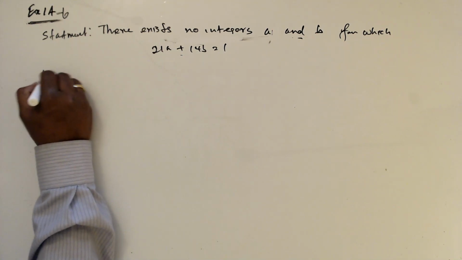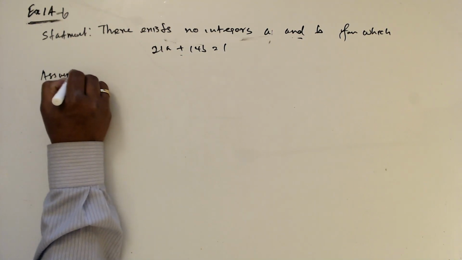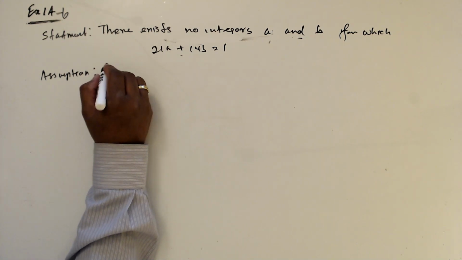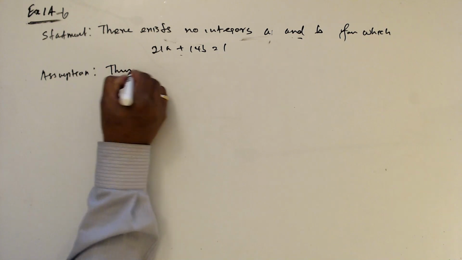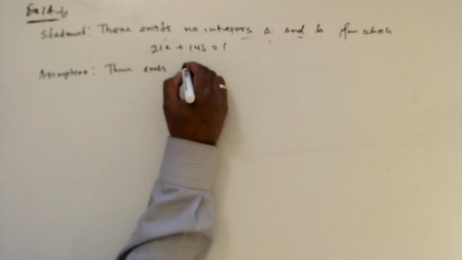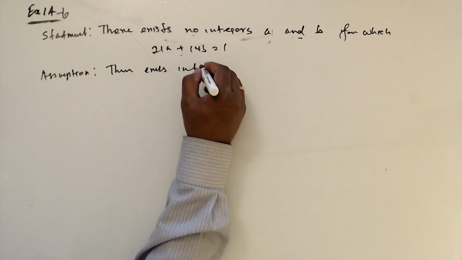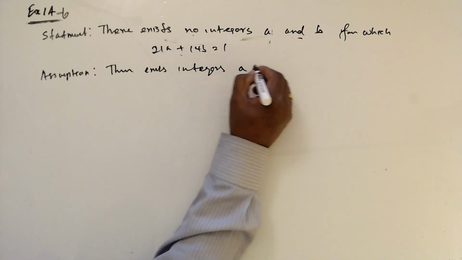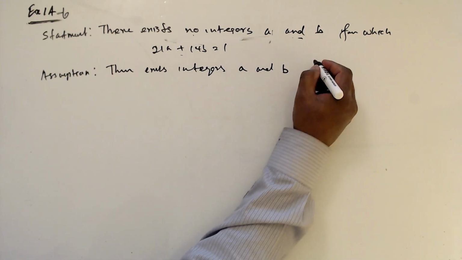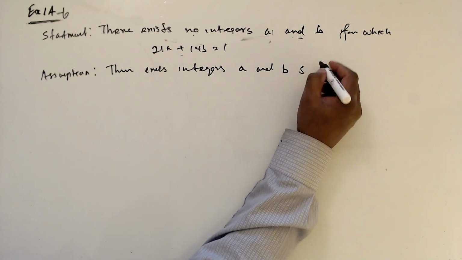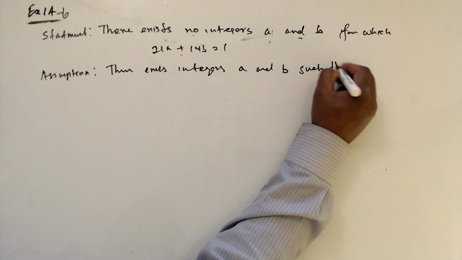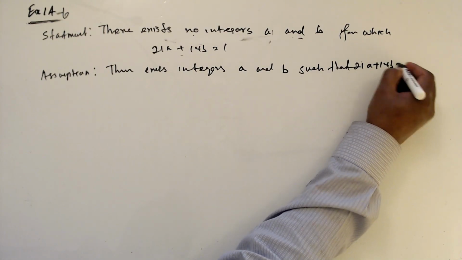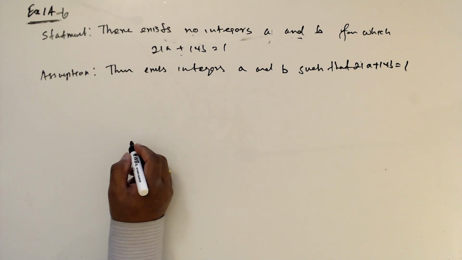So the assumption is, there exist integers a and b such that 21a plus 14b equals 1. Now we need to give the proof.